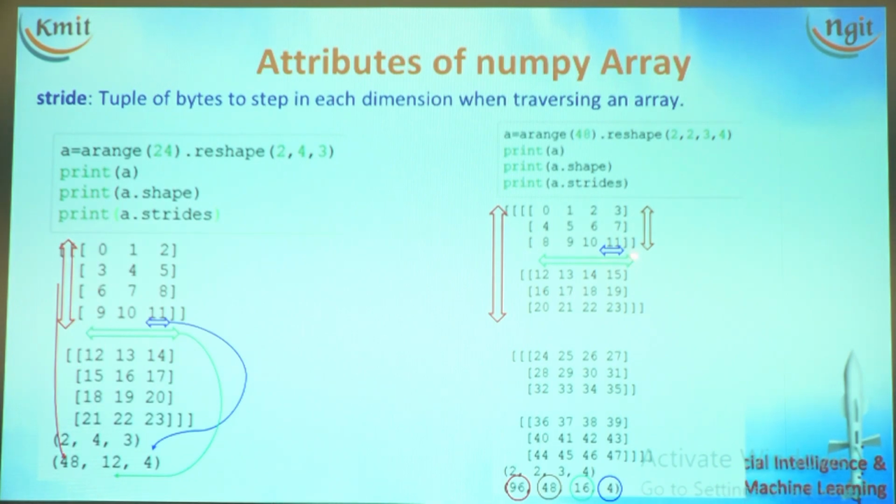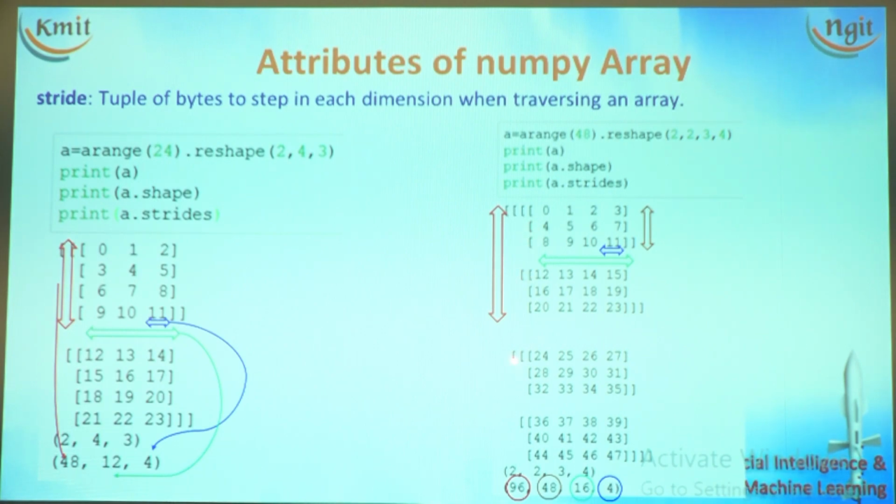So what is it? See here, to move from one column to another as usual, 4. To move from one row to another, 16, 4 into 4, 16. To move from one block to another, 48, yeah, 16 into 3. Understanding, guys?